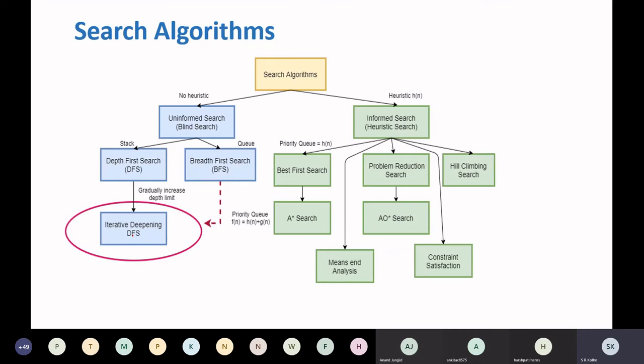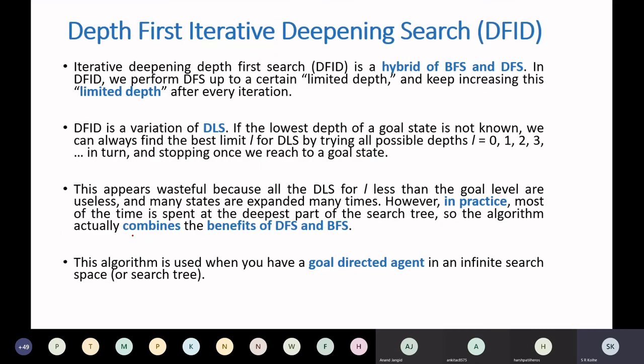Let us see a few important aspects of this algorithm. It's a hybrid of BFS and DFS. Just now I told you, a hybrid of both algorithms. In DFID, we perform depth first search up to a certain limited depth, and then we keep on increasing this limited depth after every iteration until we reach the goal node, right?